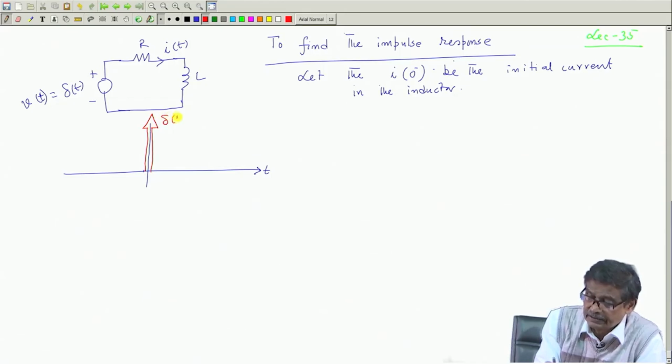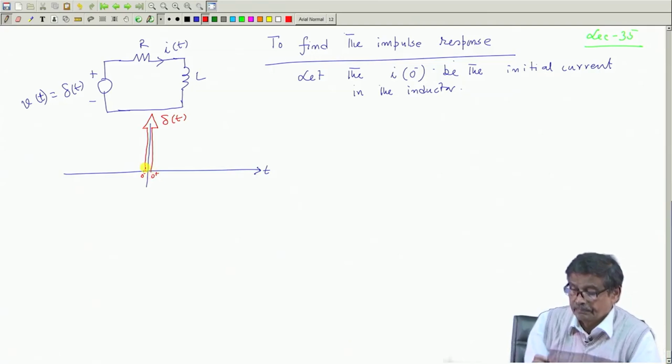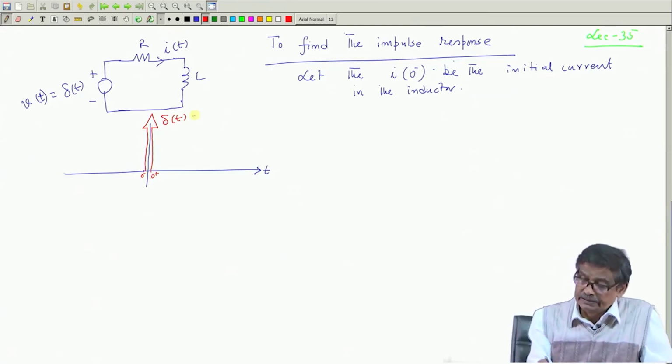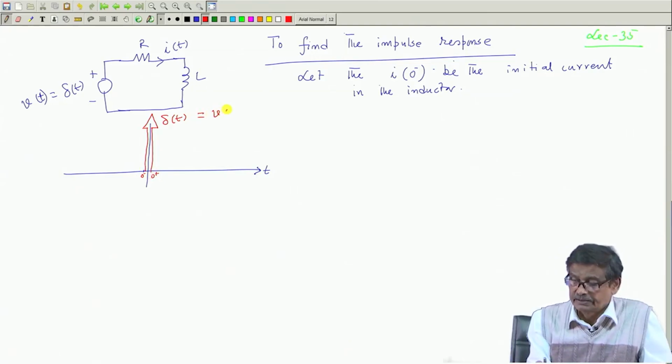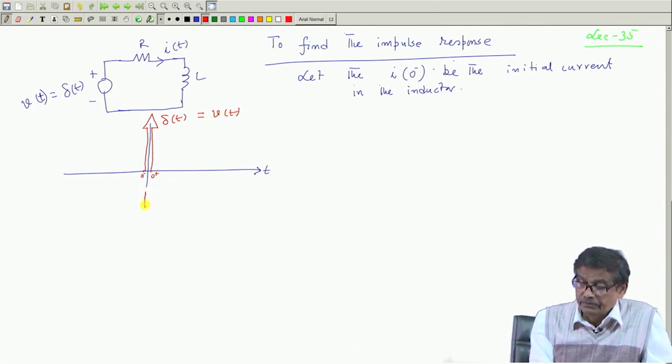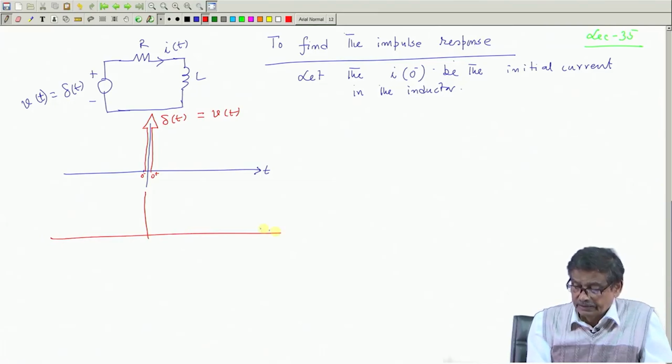So, this is delta(t), this is 0 minus, this is 0 plus, and this is the applied voltage v(t). Now, I want to know how the current waveform will look, that is, what will be i(t).